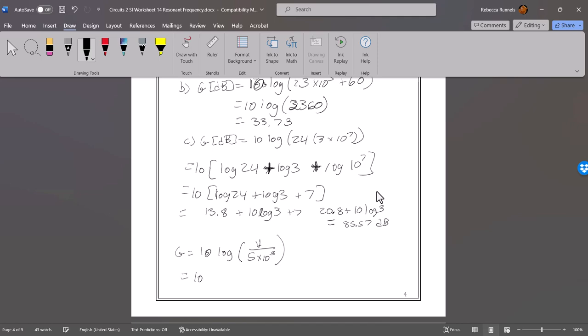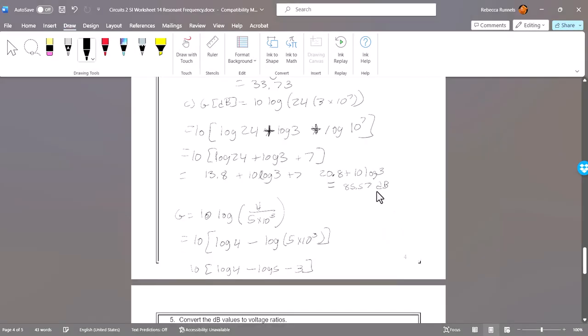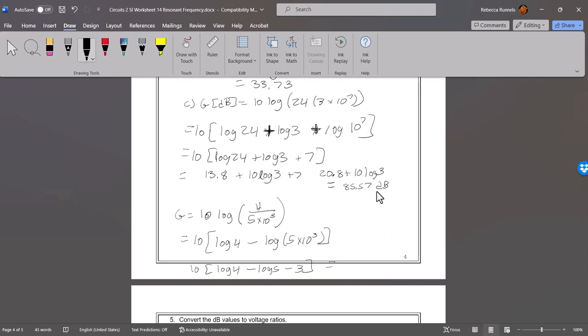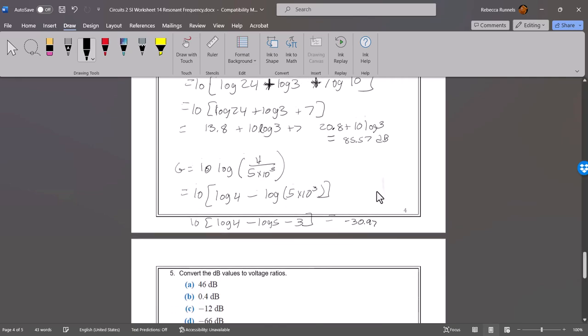So this is 10 times the log of 4 minus the log of 5 times 10 to the third, which is 10 times the log of 4 minus the log of 5 minus 3. And then that is just what it is. Negative 30.97.